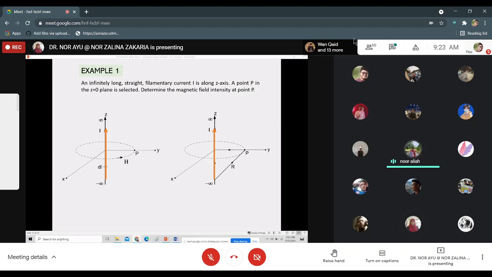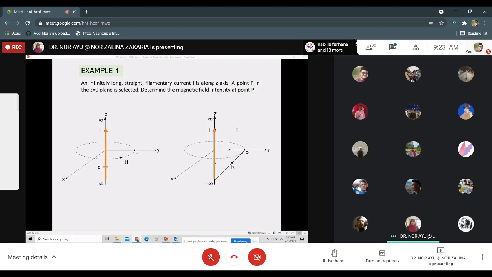Integration IDL cross AR over 4 pi R squared. Okay, betul. Because this is line current, we need to use that H equals the integration of IDL cross AR divided by 4 pi R squared.